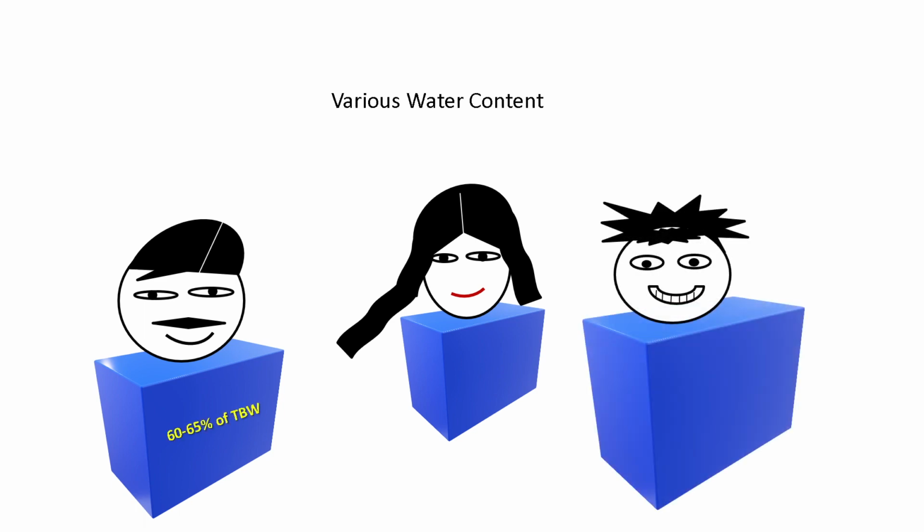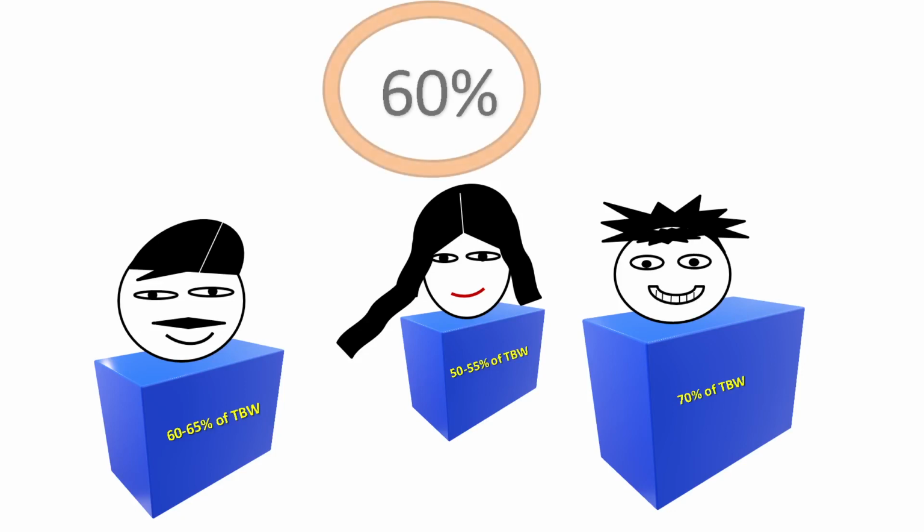In female, it is said 50 to 55% of the weight is the total body water. In men, 60 to 65% is the total body water, and in children, it's around 70%. But for simplicity, in clinical practice, 60% of the weight of a person is considered as the total body water content.